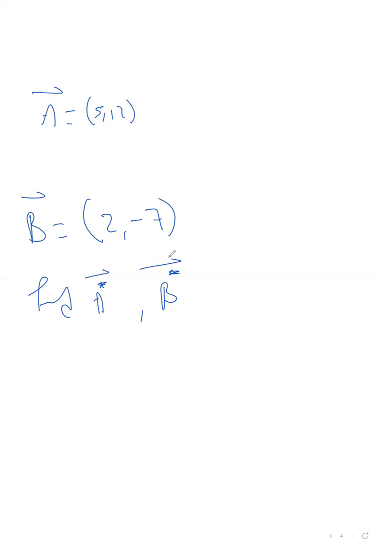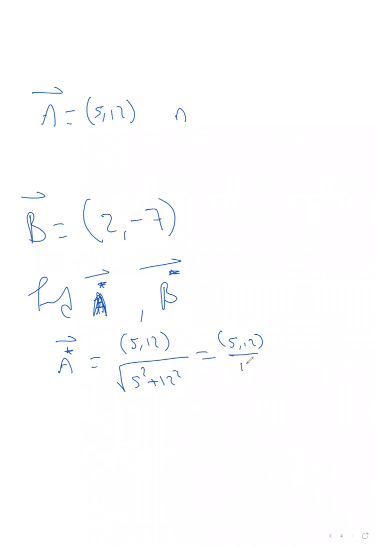Okay, go ahead and solve it quickly. It will come out as 5 over 13 and 12 over 13. A star is A, (5, 12), over its norm, the square root of 5 squared plus 12 squared, which is root 169, which is 13. So it is (5/13, 12/13). Thank you very much.